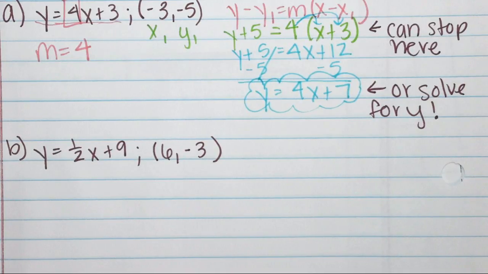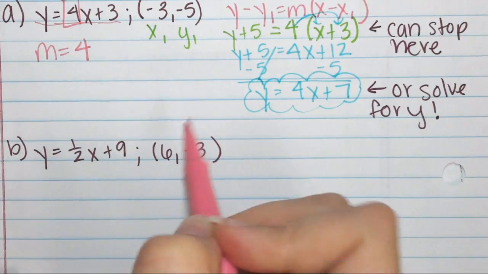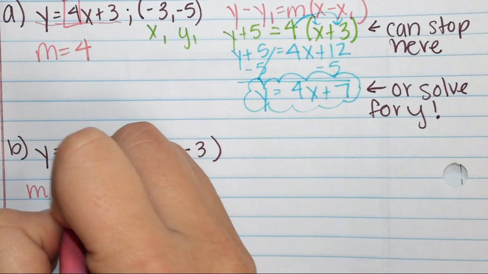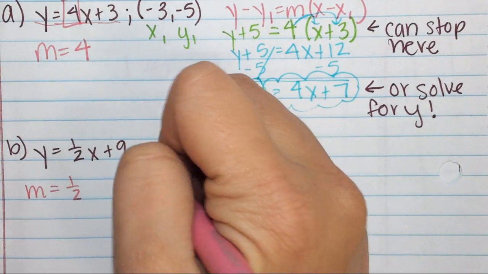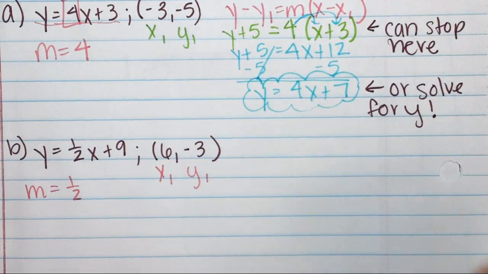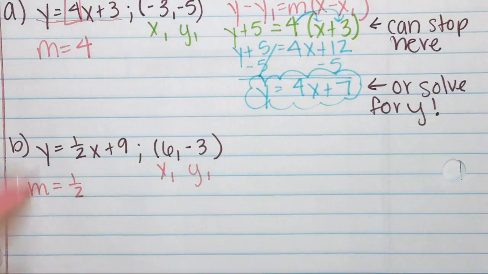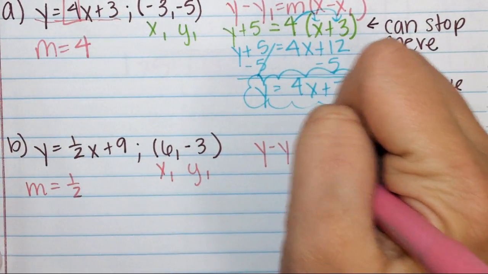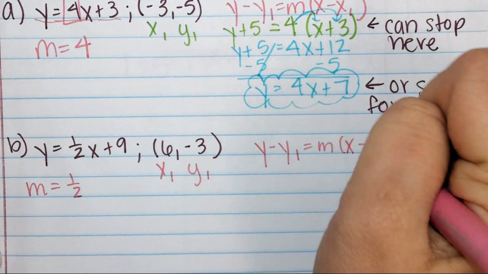If two lines are parallel, they have what? The same slope. And what's our slope of this line? So what's the slope of our parallel line? Fantastic. And then this is our x1, y1. We have a point, we have a slope, we plug it into point slope form, which is y minus y1 equals m times x minus x1.